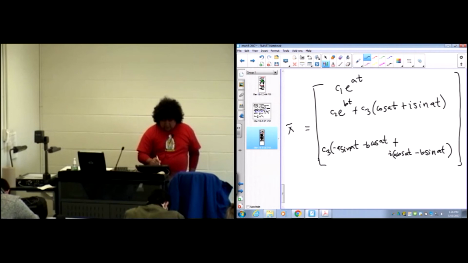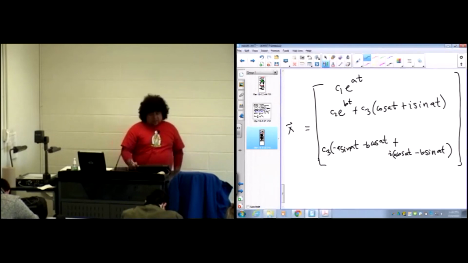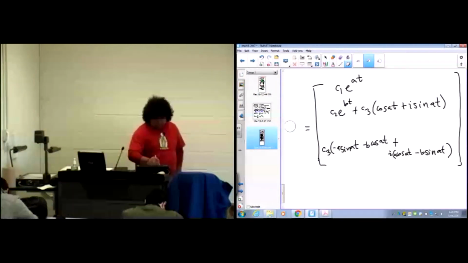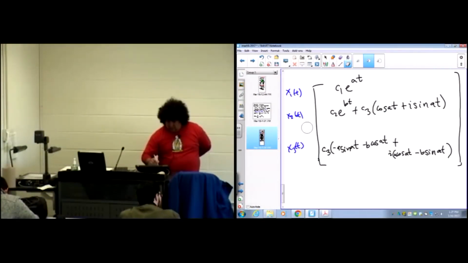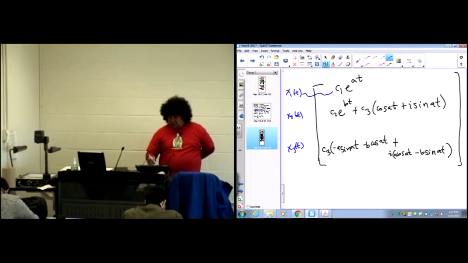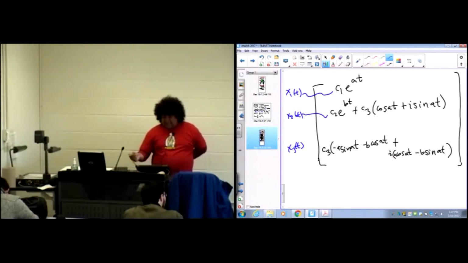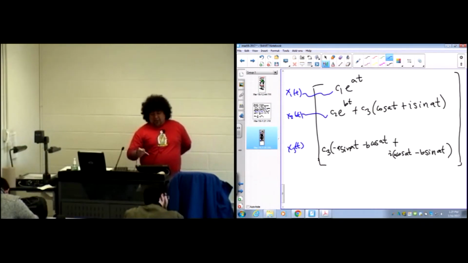The second expression, c2 e to the bt plus c3 times cos plus i sine, that would be x2. And the last entry, c3 times quantity, and then there's an expression there, that would be the state variable that we're calling x3. So those functions of time, x1, x2, and x3, are the solutions of this system.